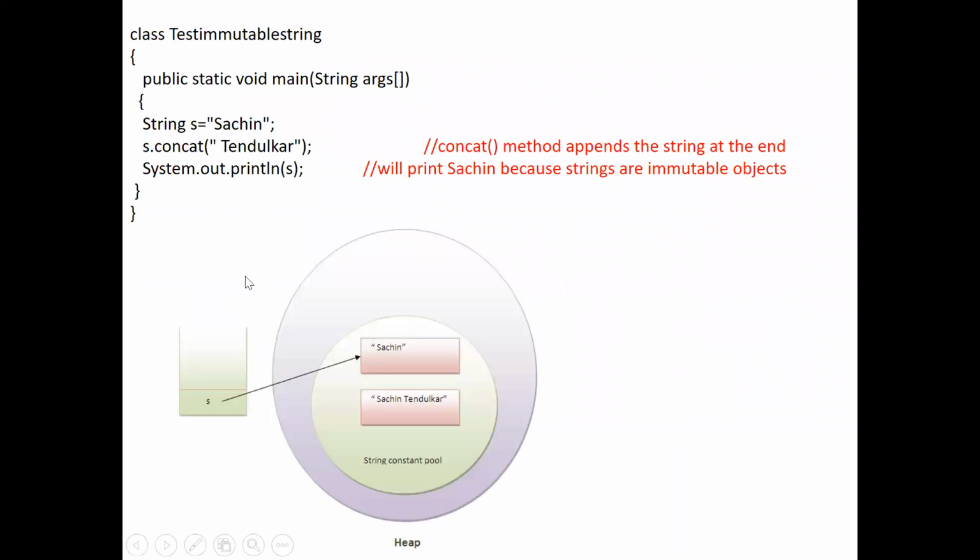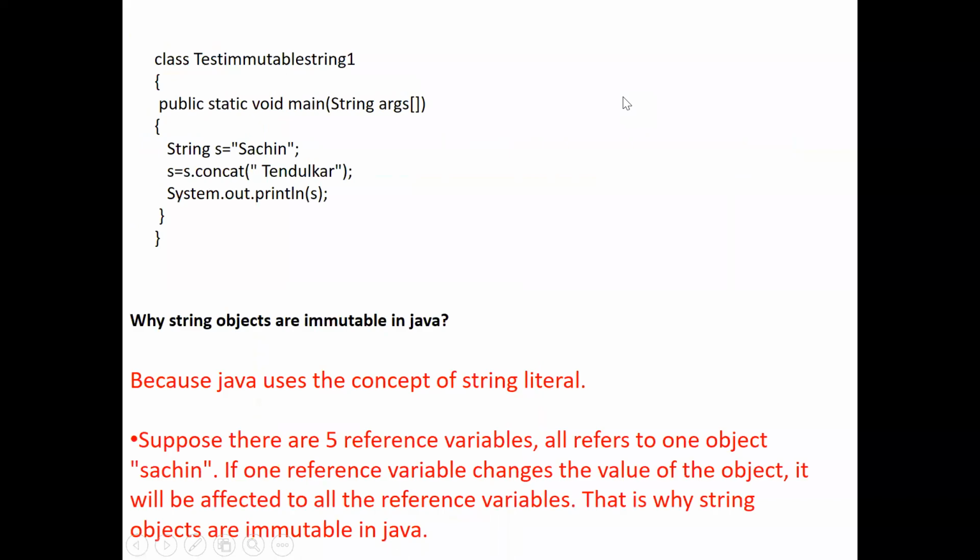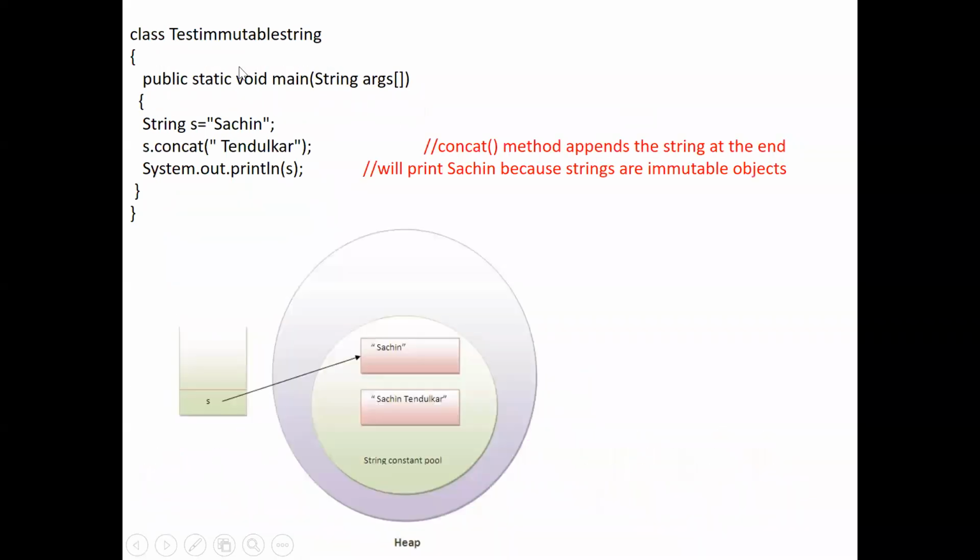Okay, so let's see here. There is one class. What I'm doing here: string s is equal to Sachin. I have to initialize. There is a function for concat or append. These are all functions available in the string class. You can see these in the Java API itself.